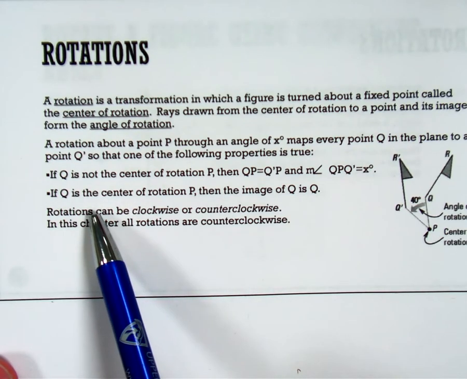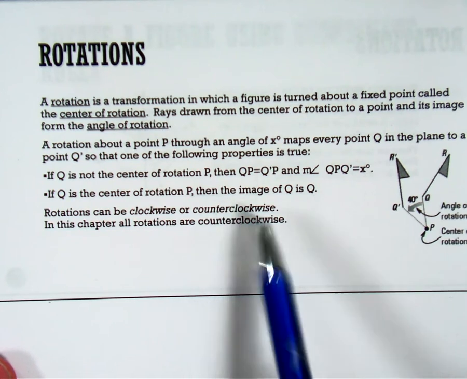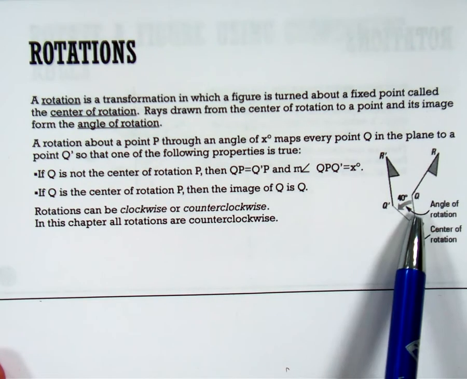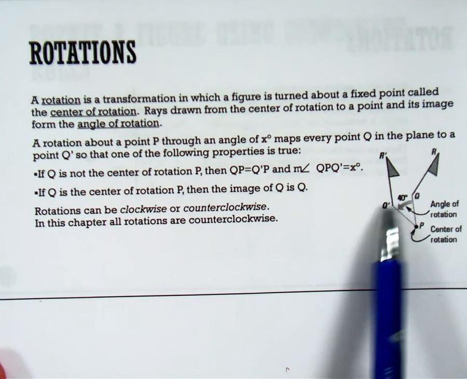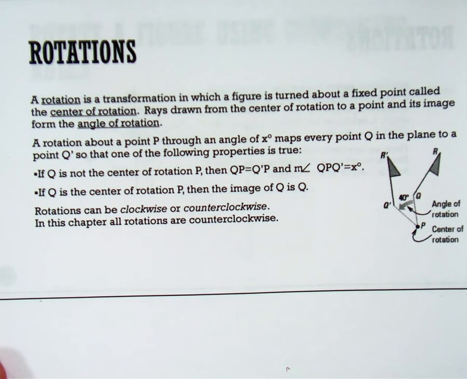Or if Q is the center of rotation, then the image of Q is Q. So if Q was the center of rotation, the bottom point here, then that wouldn't move and everything else would. Rotations can be clockwise or counterclockwise.